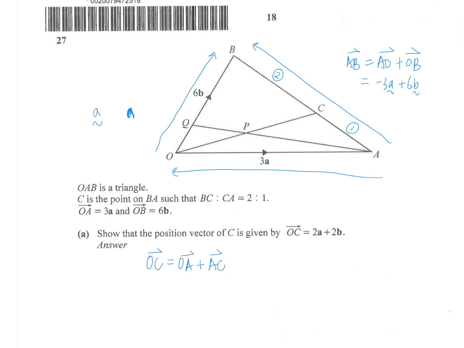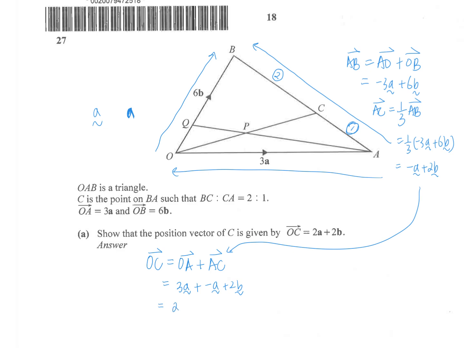So if you know AB already, now you can find AC. Yes, because AC is just 1/3, 1 out of 3 units of AB. So if you take 1/3 of it, you will get minus a plus 2b. So put it in here. OA is 3a, and then AC is just this.